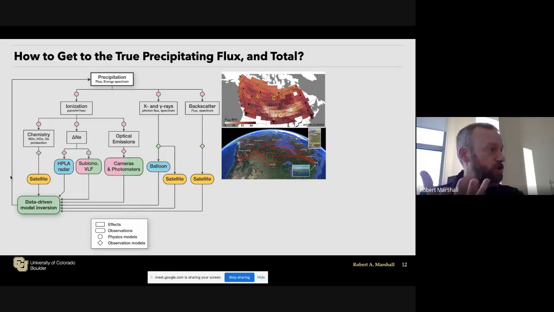And we can take the measurements from those receivers and through an inversion model, estimate the state of the D region ionosphere. That'll give us the ionosphere profiles in a two-dimensional grid as shown. And from that, we can infer the actual precipitation fluxes that produced that ionosphere.